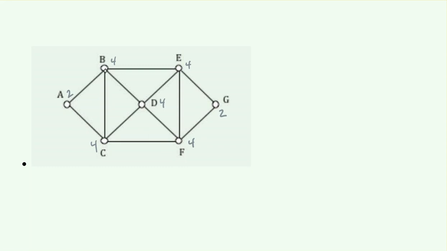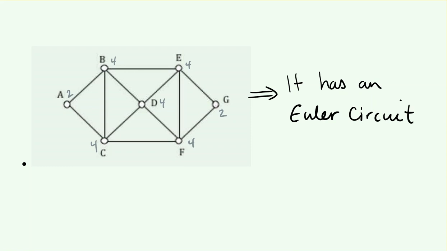Since every vertex in the graph is even degree, this means that we are guaranteed that it has an Euler circuit. So we know one exists, and later we're going to go through how to actually find the Euler circuit that exists.